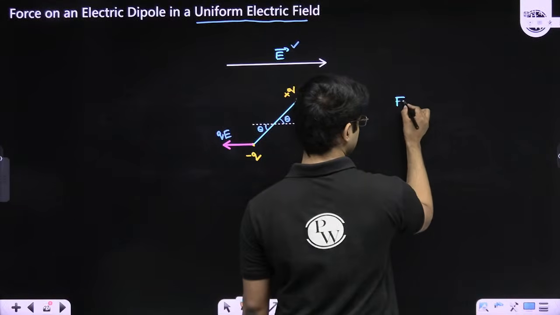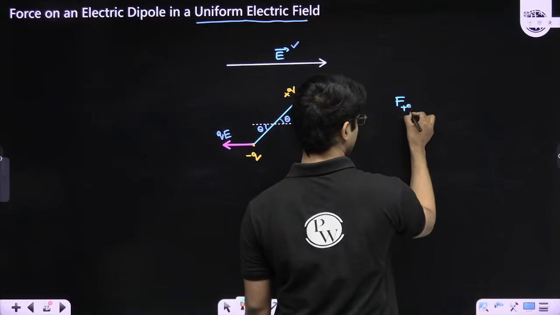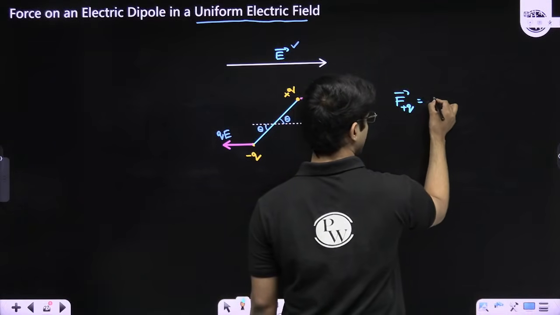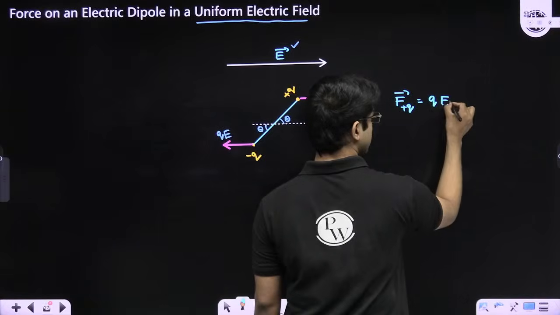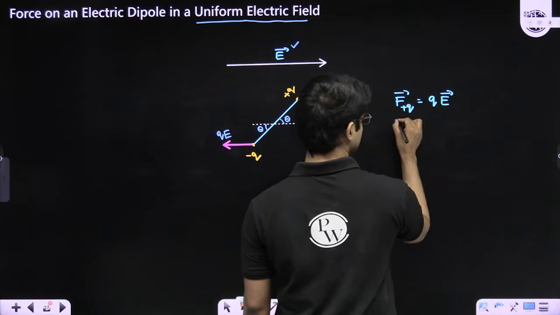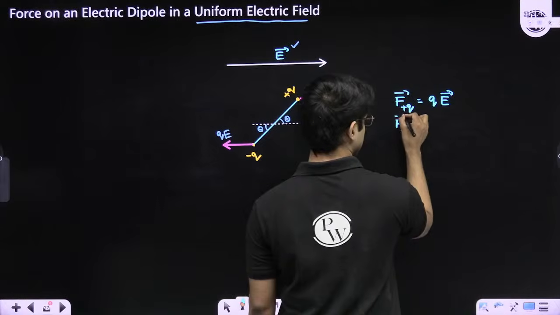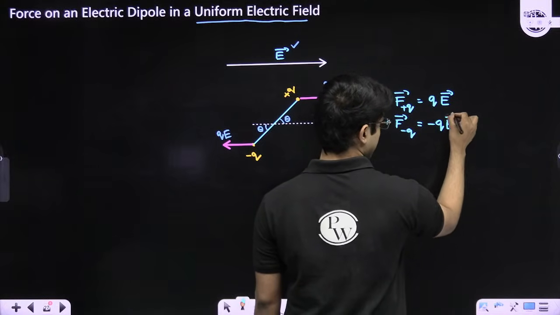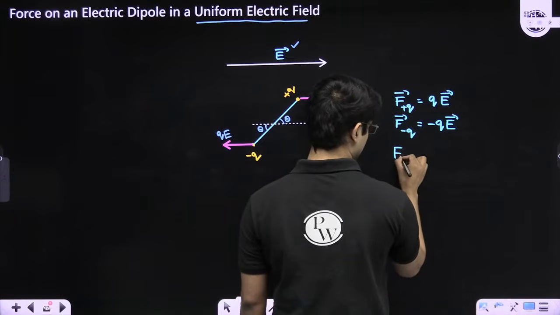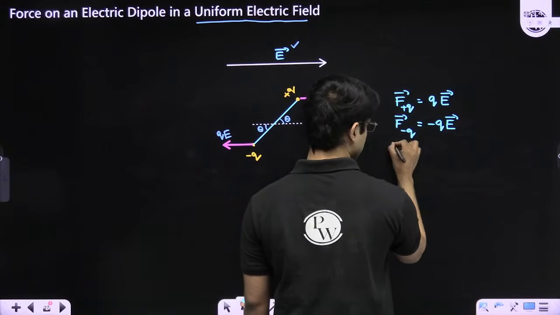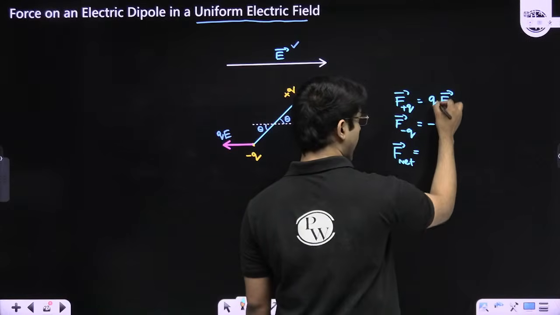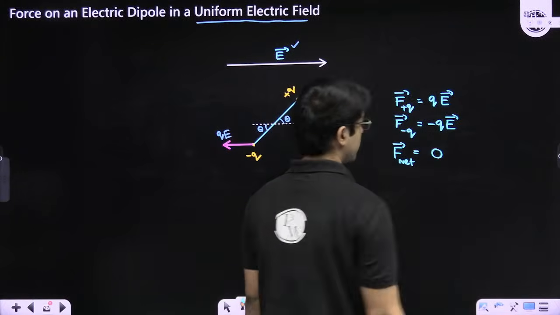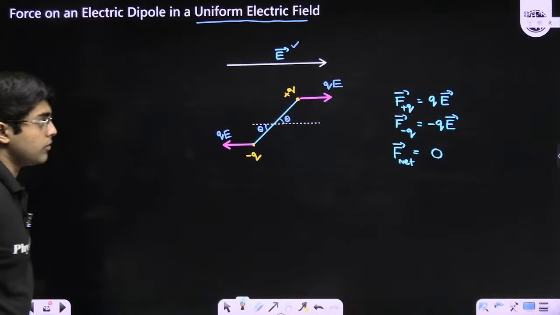So using vectors, if you want to write the force on the plus q charge, it will be qE vector, and the force on the minus q charge will be minus qE vector. So the net force is basically you add these two up, which is 0. qE and minus qE will be 0.